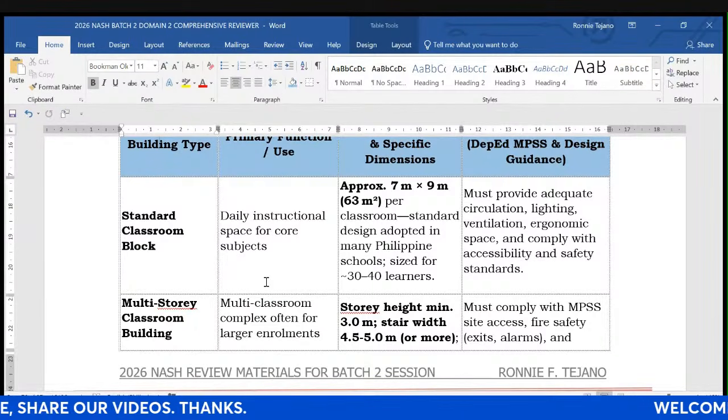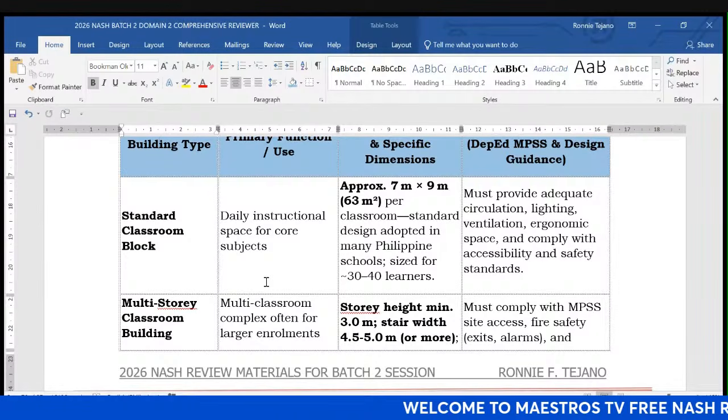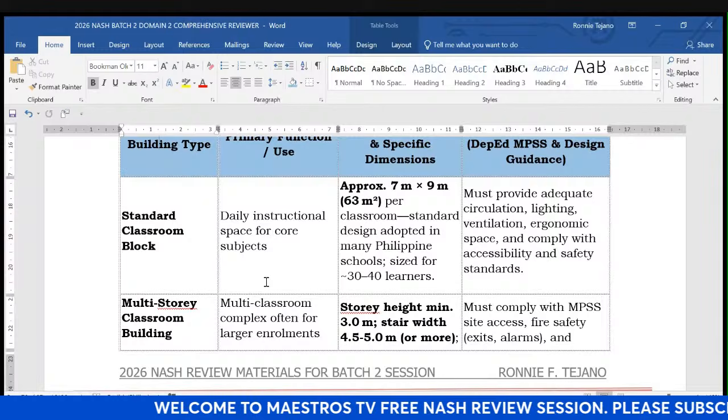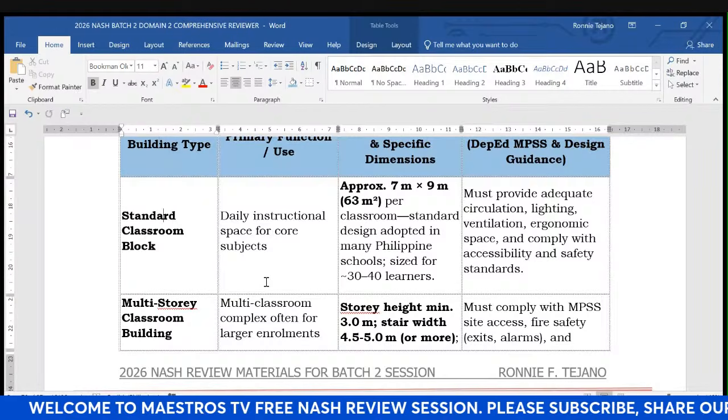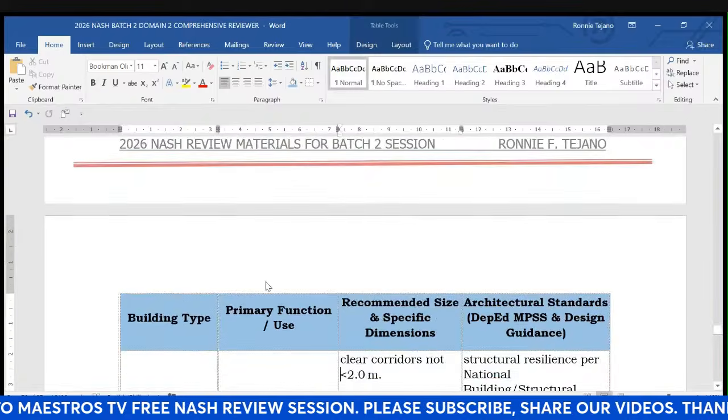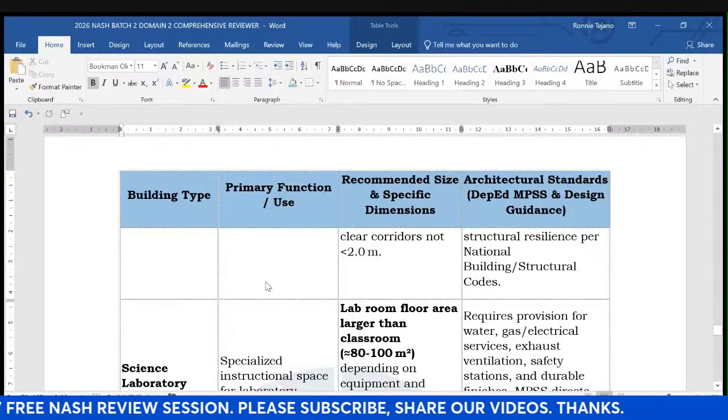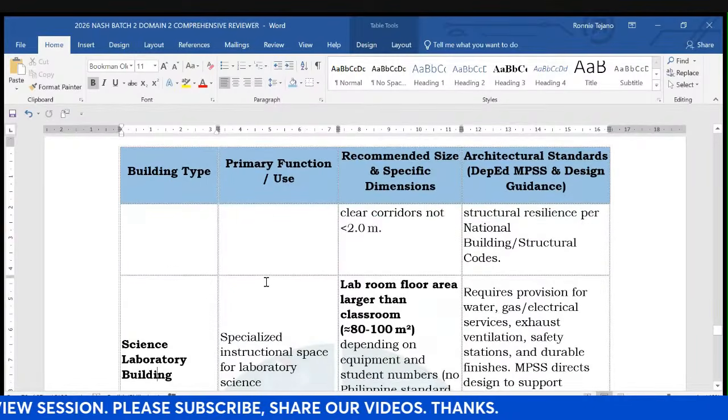For a multi-story building, the story height is 3 meters, stair width 4.5 to 5.0 meters or more. Yan, multi-story with a clearance of 2 meters for corridors.